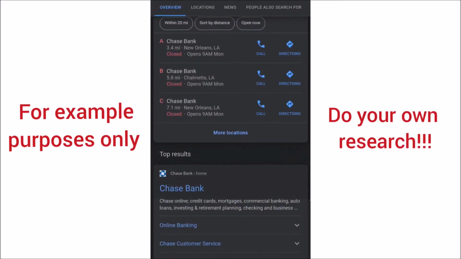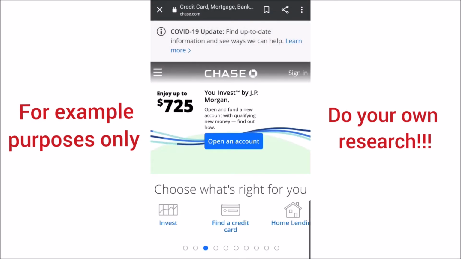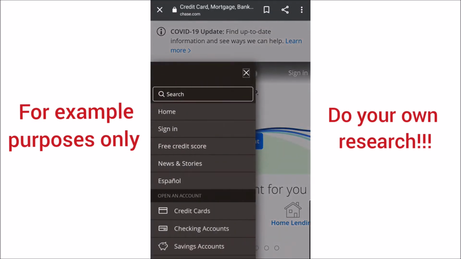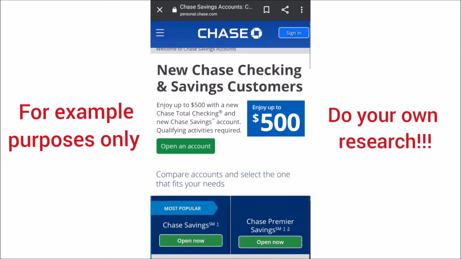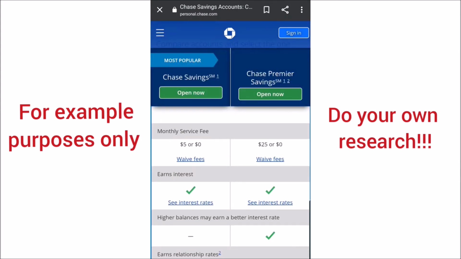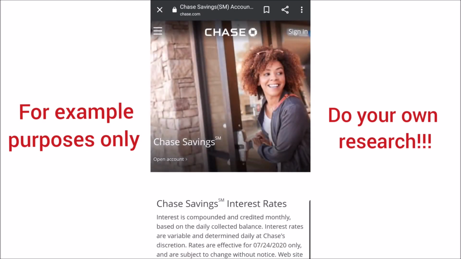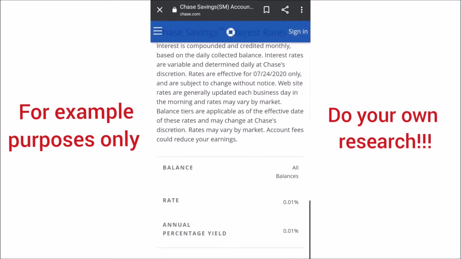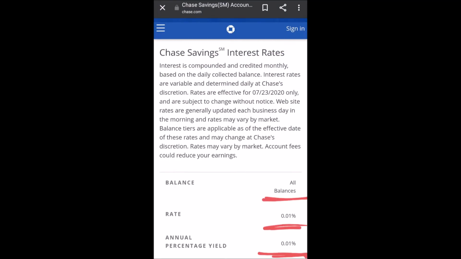Now, this next screenshot video is of the account which you see on your screen, and I'm not even going to go into my disappointment in this particular interest rate, but you'll see it in just a second. It says all balances are 0.01%, and if you remember what I showed you earlier, 0.01% is pennies.